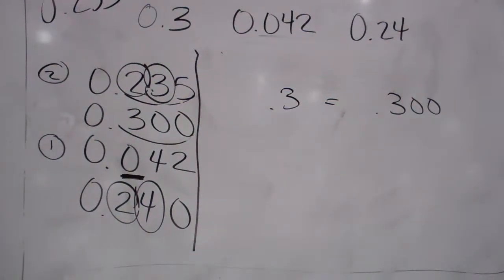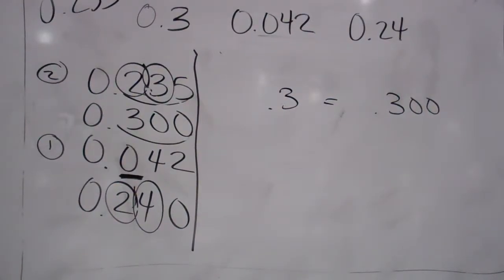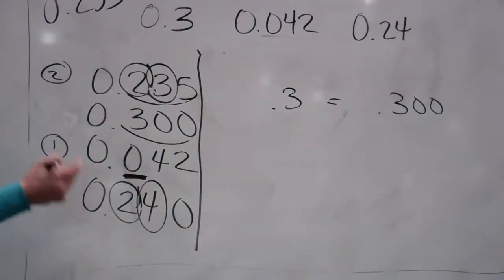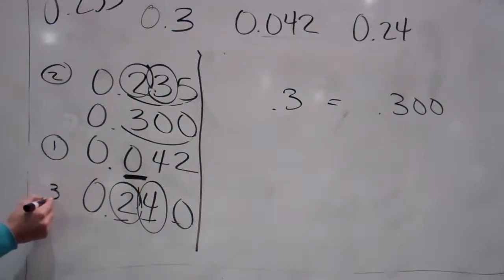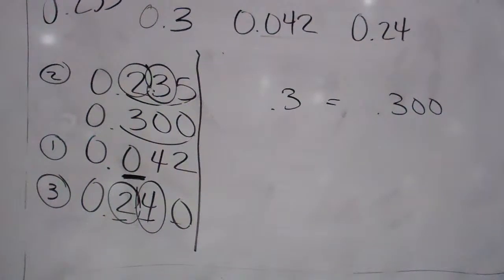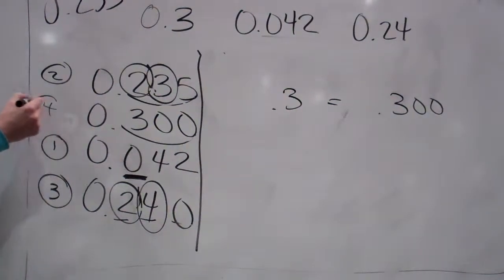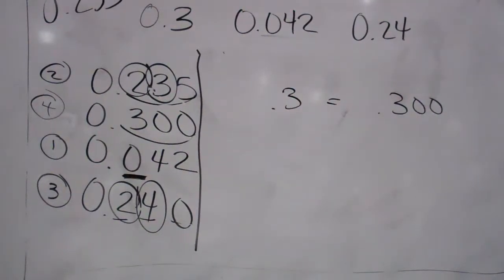Jaden? 24 hundredths. Very good, changing that, because you didn't really need that zero. Very good. 0.3. Okay? And lastly, very good. Everybody understand? Okay, that's lesson 44.